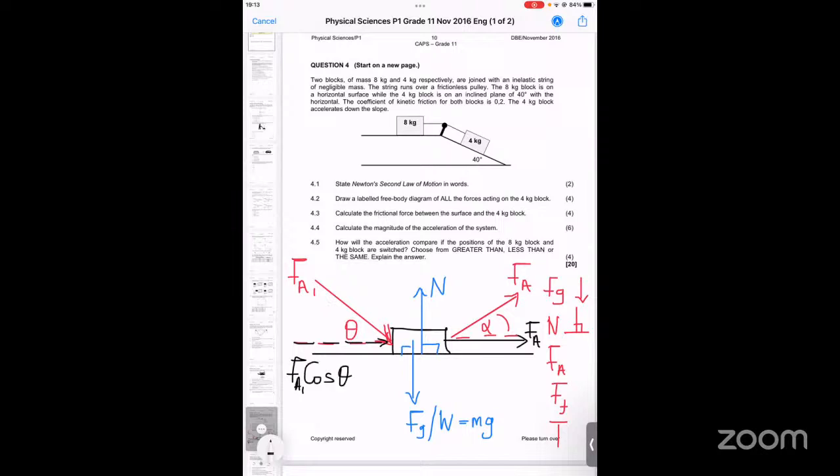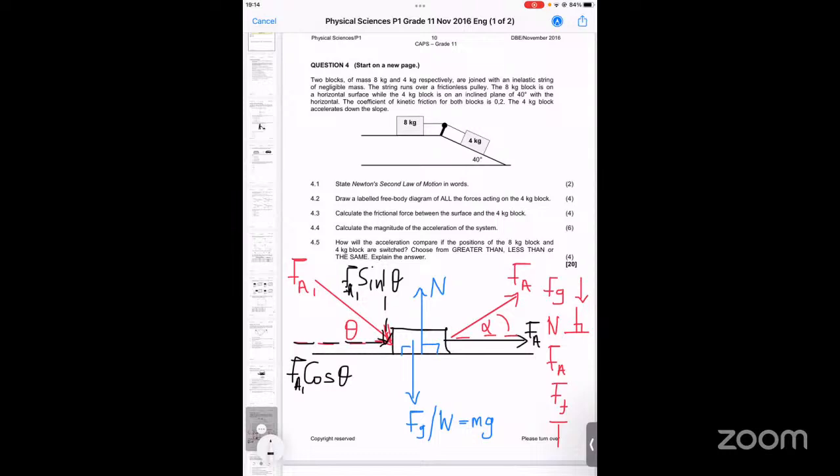And then we also have this one, which is going down, which is force applied number one sine of an angle. So if a force is applied at an angle, just be aware that it also has components. I'm not sure if that makes sense, Didintle.